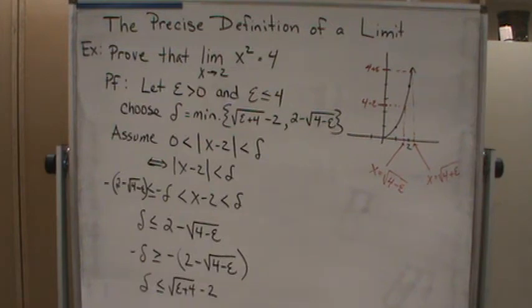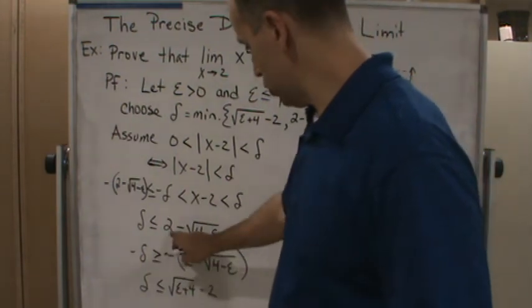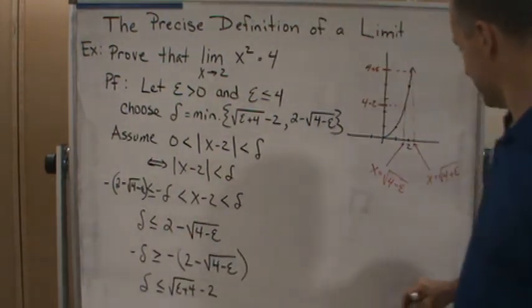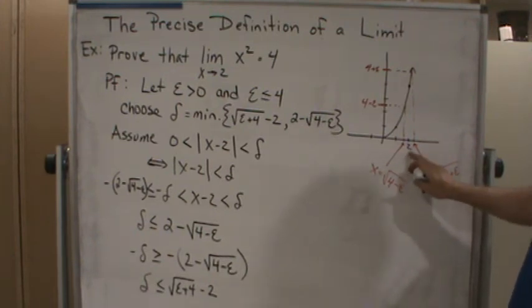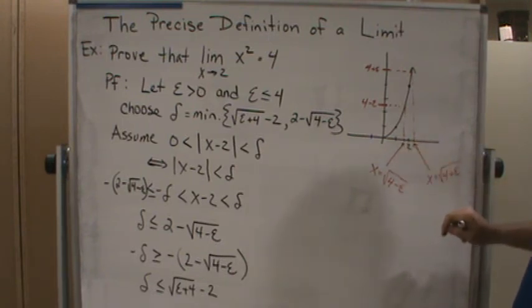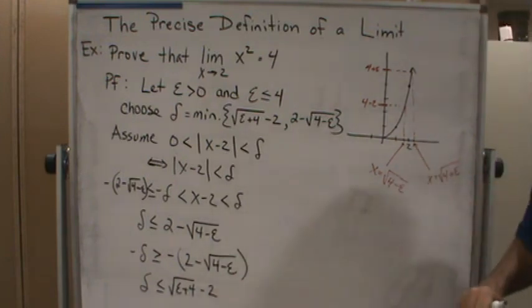So if you look at this one here, 2 minus x minus 4 is right here. Right? So 2 minus is going to be this distance here, right? And then the other one represents the other distance. And we want the minimum distance. Okay, and so what we end up getting is this.